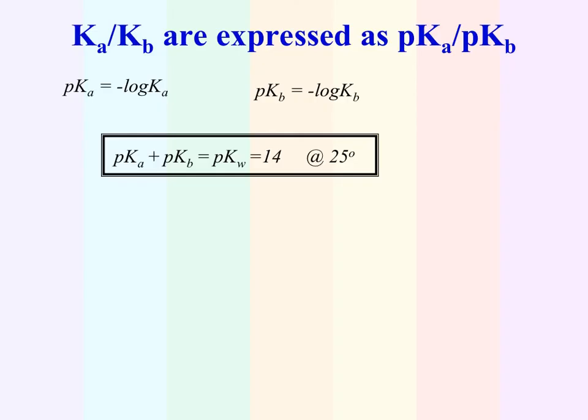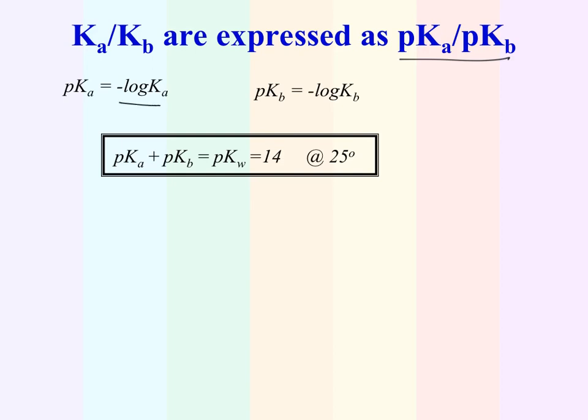Now, sometimes Ka and Kb are expressed as pKa and pKb. The reason is that sometimes it's easier to relate numbers that are not really large, that don't contain really large or really small exponents. This manipulation gives us a smaller number of values that we can deal with more easily. So how do we calculate pKa and pKb?